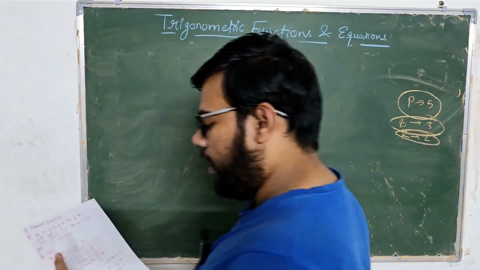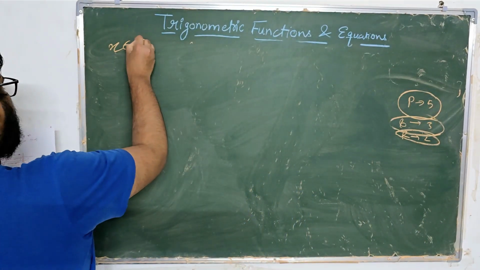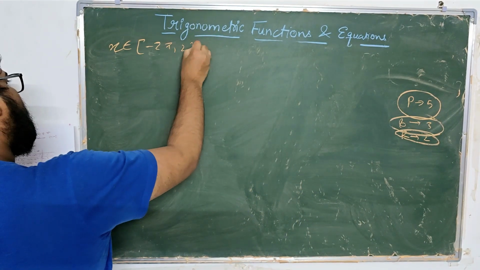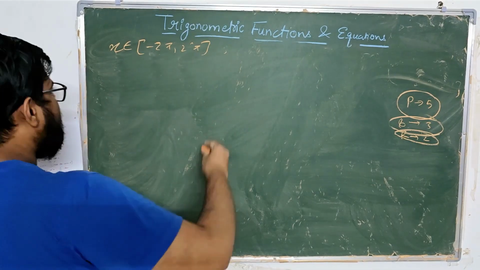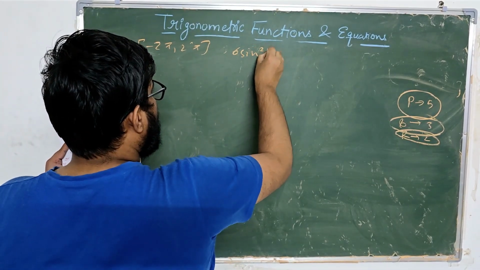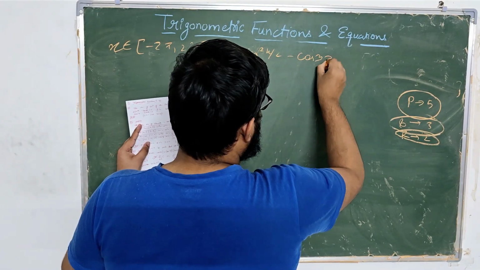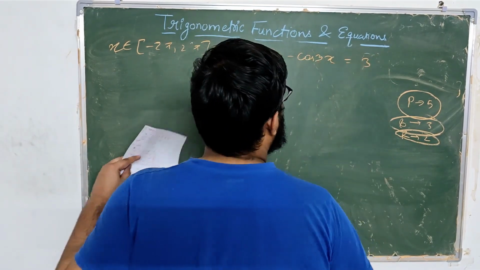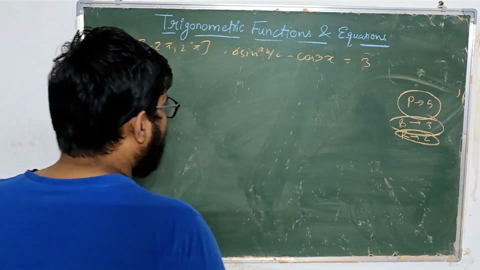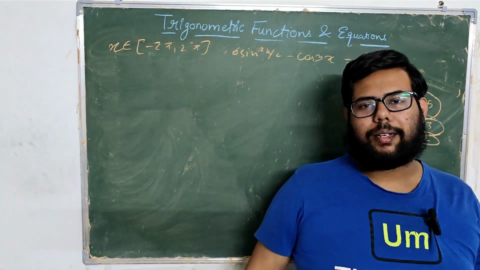Okay, so the s part states x belongs to negative 2 pi to 2 pi, 6 sine square x by 2 minus cos 3x is 3. Okay, now again you have to just apply the double angle formula over here.